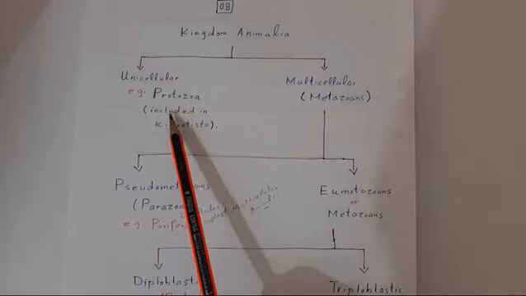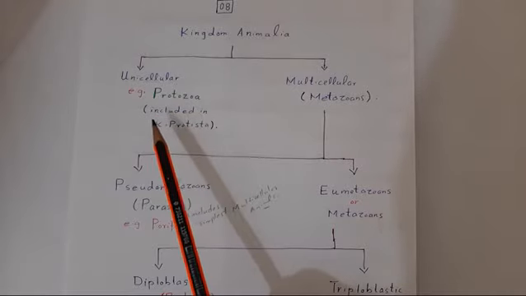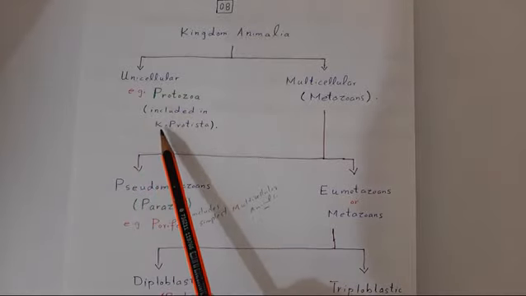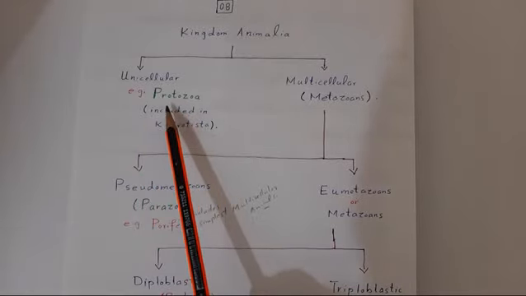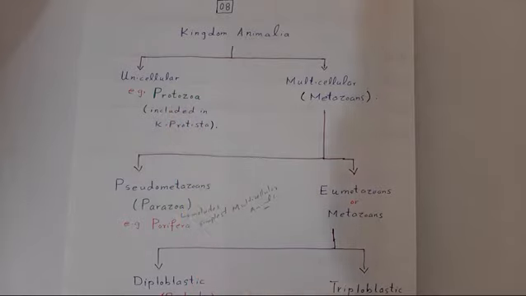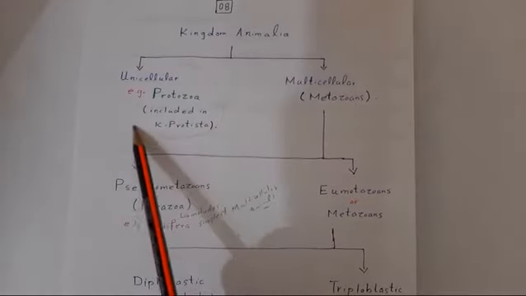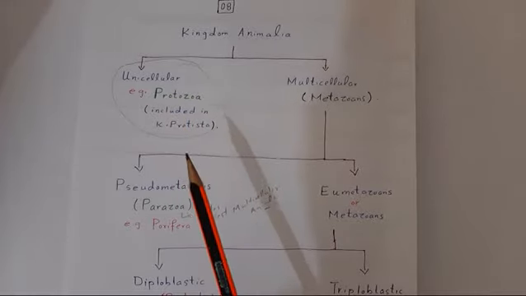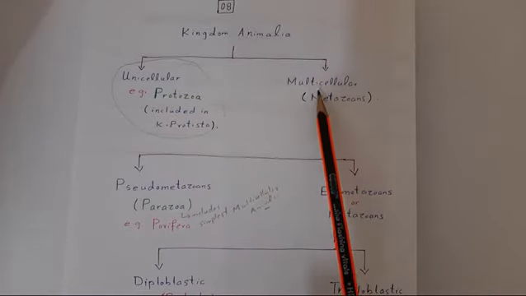We have already studied the zooflagellates, the amoeboid protists, the ciliates, the apicomplexa or sporozoa, which are the various phyla of the protozoa, the single-celled or unicellular animals. So now the protozoa are placed in kingdom Protista. We now don't study the unicellular animals or protozoa in kingdom Animalia. We now only study the multicellular animals or metazoans in kingdom Animalia.